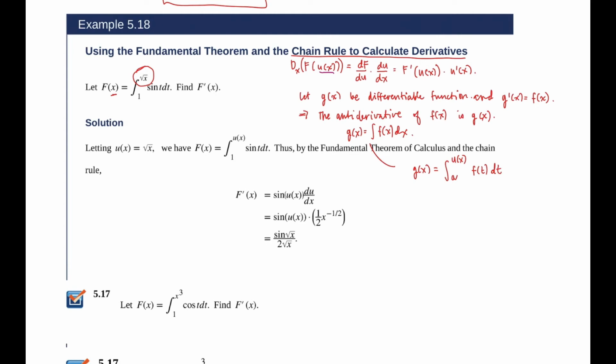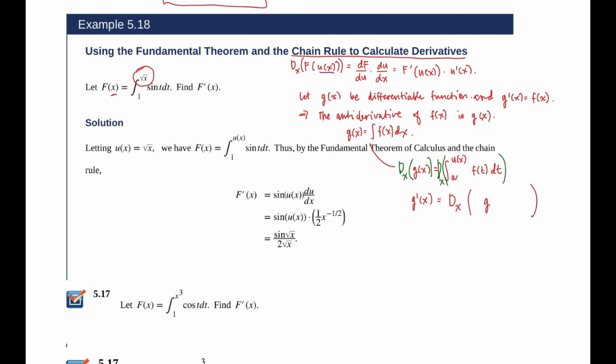Okay, if I take the derivative of both sides with respect to x, now what would happen? This would become g prime of x, and then, first things first, what is the antiderivative of f? It is g, right?